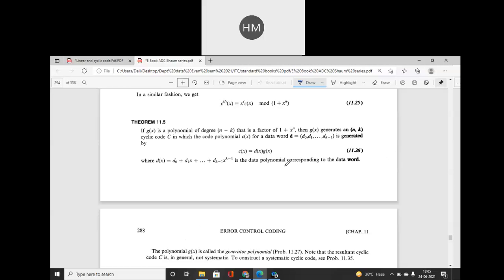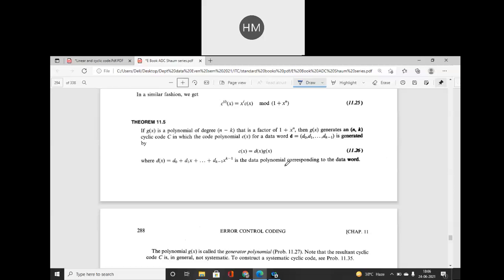then g of x generates an (n, k) cyclic code C, in which the code polynomial C of x for a data word d.